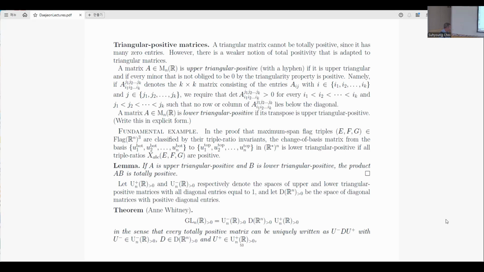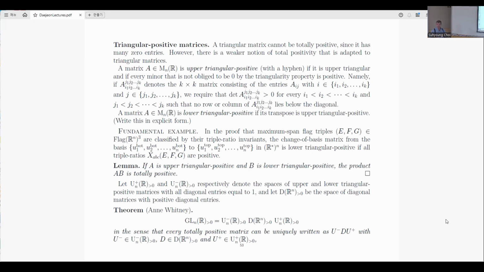Okay, and then I'm going to mention this result here. We are not going to use it, but when you try to understand the algebraic structure of GL_n, you have the maximal torus, that's the diagonal matrices. And then you have the Borel subgroup, which is the upper triangular matrices, and there is the opposite Borel subgroup, which is the lower triangular matrices. And if you want to mix them, it's useful to consider the upper triangular with only ones on the diagonal.